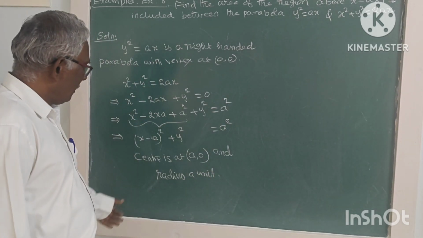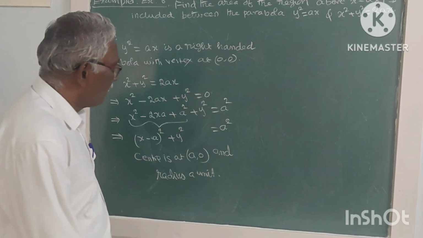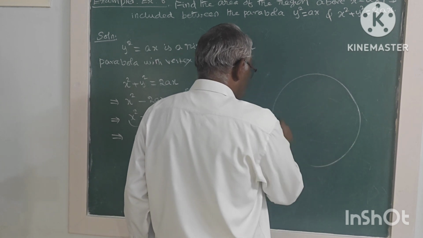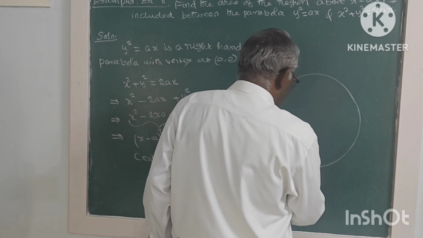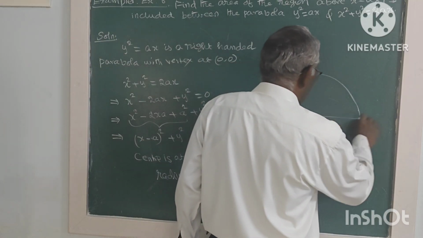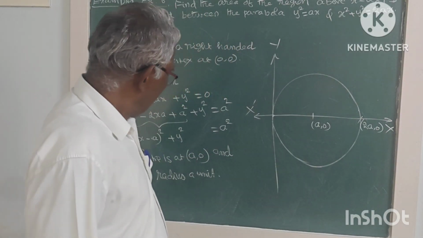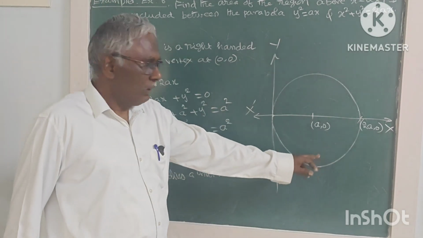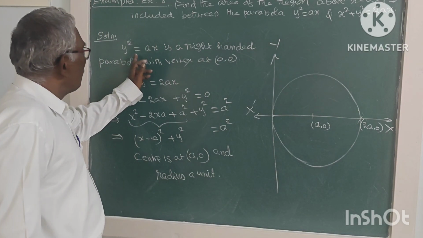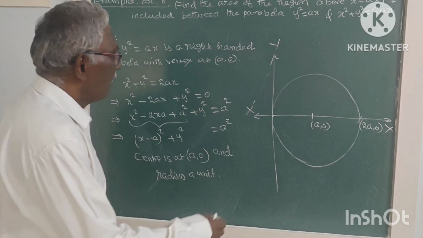We'll also draw the circle with center at a comma 0 and radius a units. So this is the circle with center at a comma 0 and radius a units, and y square is equal to ax is the right-handed parabola.